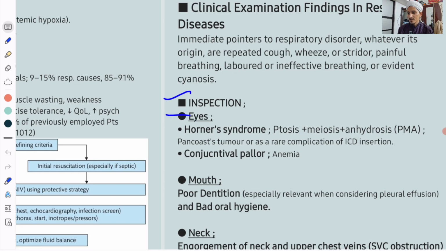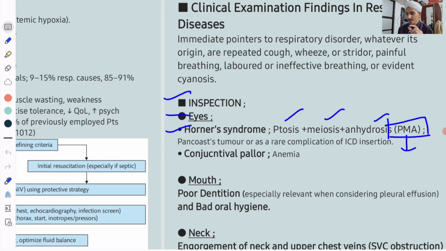You can see Horner syndrome. What is Horner syndrome? It is a triad of ptosis, miosis, and anhidrosis. Ptosis is falling down of the upper eyelid. Miosis is reduced pupil size, and anhidrosis is loss of sweating. Remember this as the mnemonic PMA.